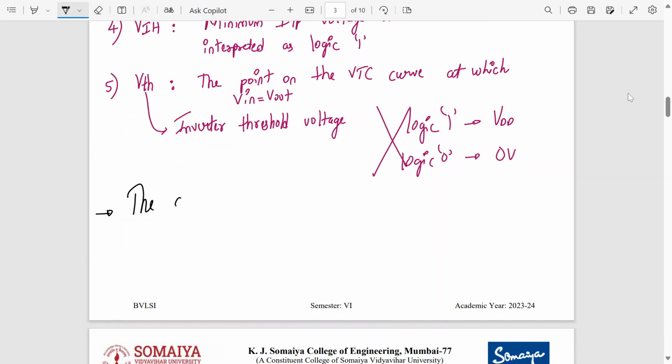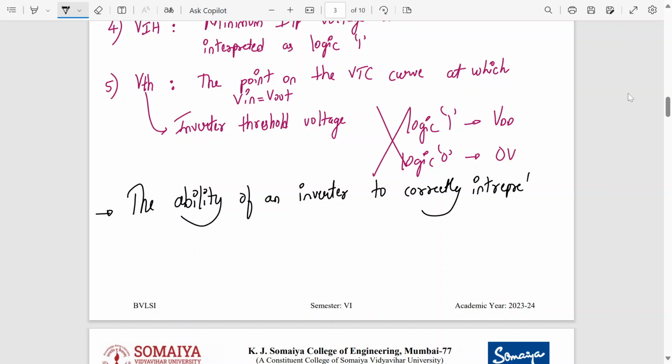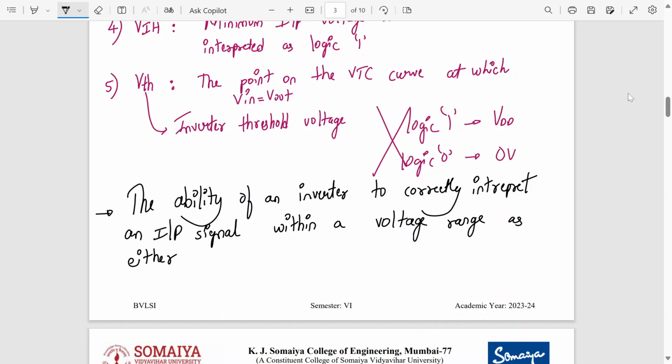The ability of an inverter to correctly interpret an input signal within a voltage range as either a logic 0 or as logic 1.